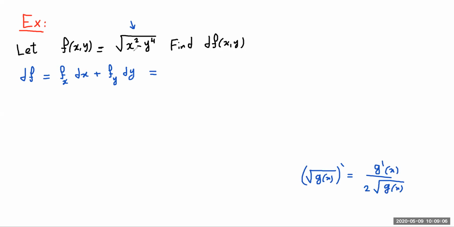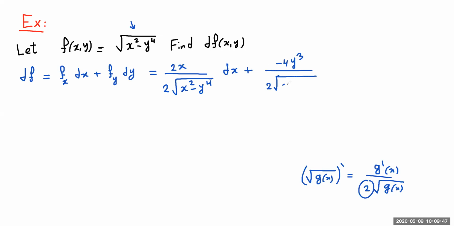Here it's the same, but I will take the derivative now for x only, so y is a constant. The derivative of x power 2 is 2x, over 2 root of x power 2 minus y power 4, dx, plus, now the derivative with respect to y: the derivative of minus y power 4 is minus 4y power 3, over 2 root of x power 2 minus y power 4, dy.